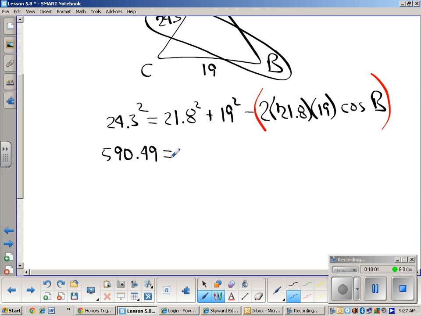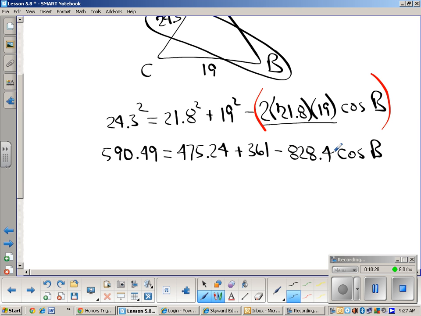And what's 21.8 squared? 475.24, plus 19 squared, 361. Minus, what is all of this? I got 828.4.